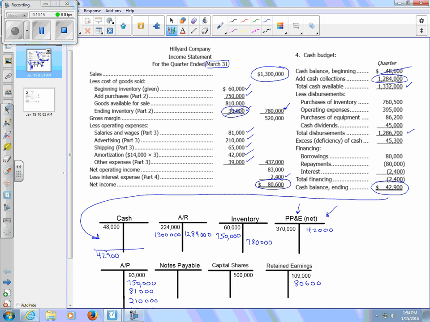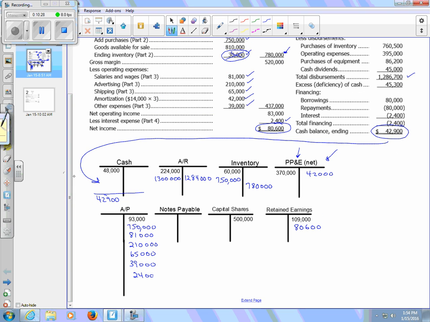So what we're doing here is we're paying this $760,500. We're paying for the inventory that we purchased. The inventory that we purchased, if we look down in accounts payable, that's where we put it. So we're going to take that $760,500 out of accounts payable.